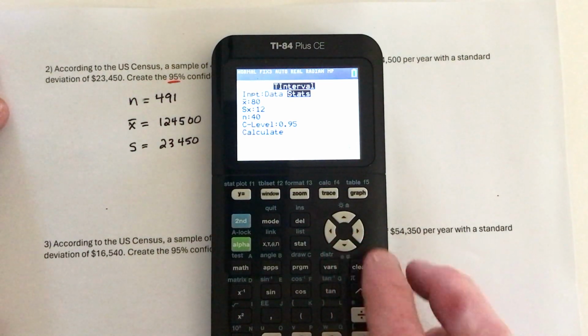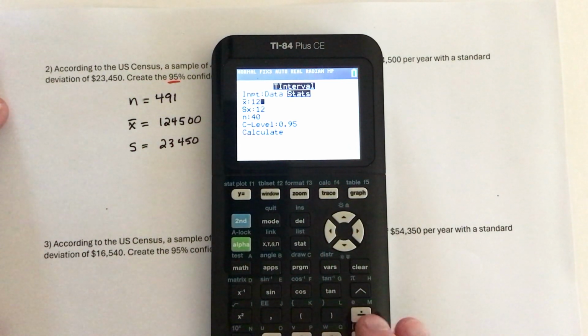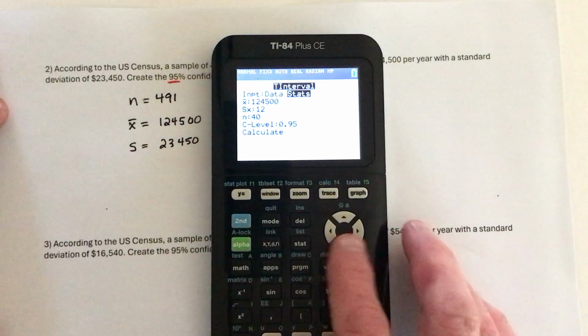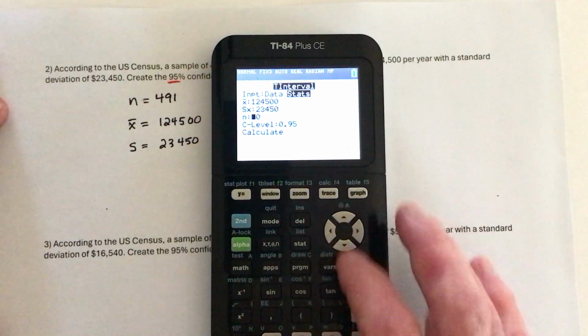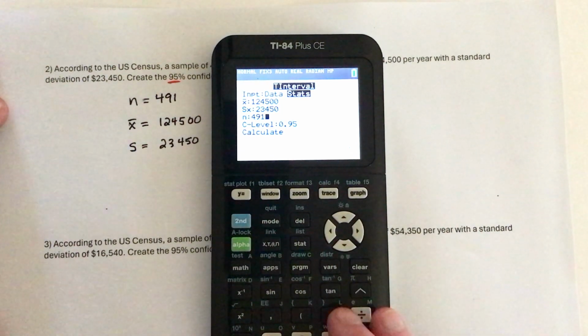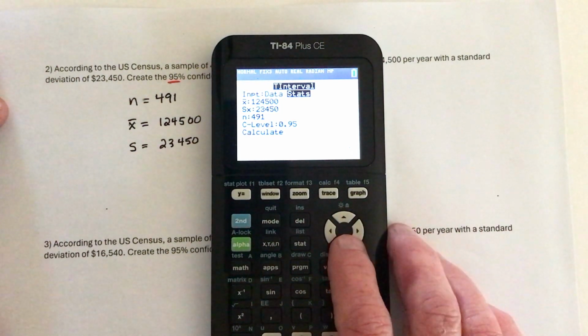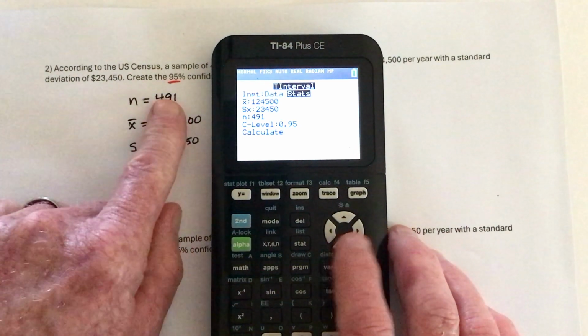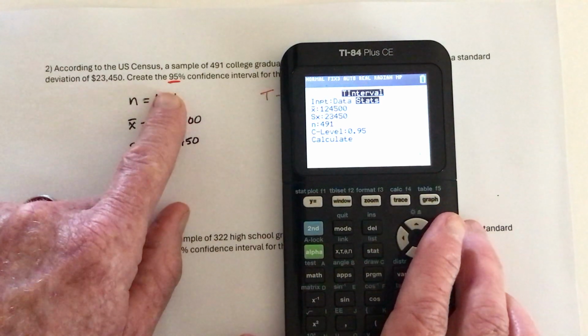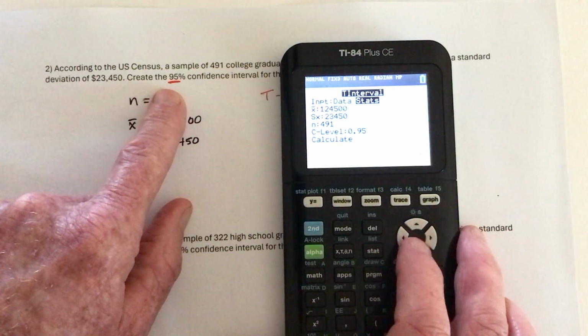And this time the mean is $124,500. Standard deviation 23,450 based on 491 people. Confidence level is still 95%. And by the way, if the confidence level ever is missing, then you always use 95% as a default.